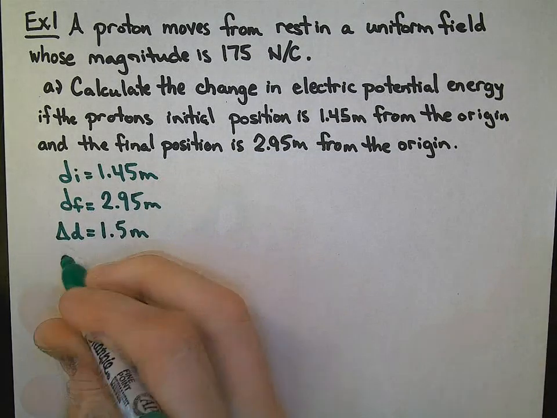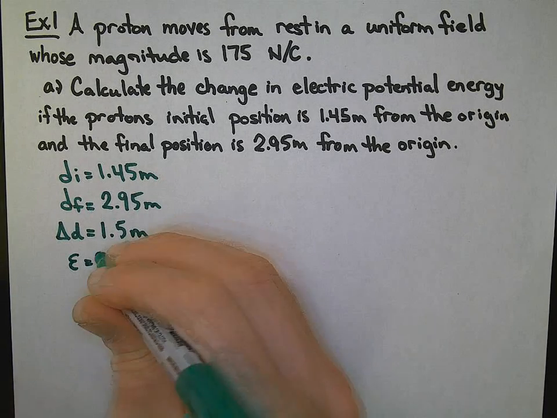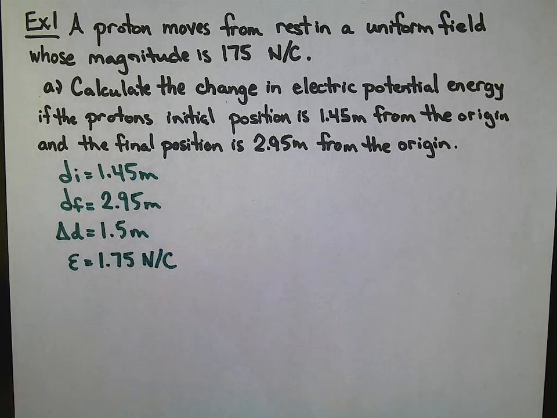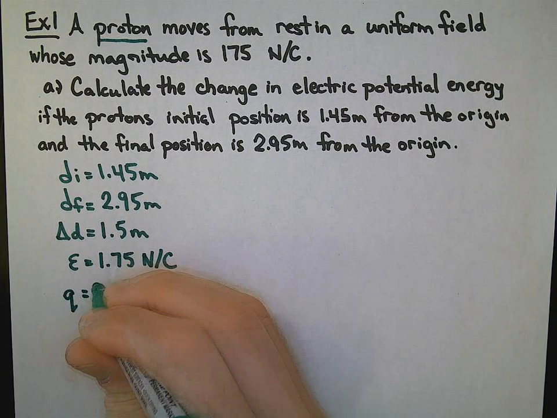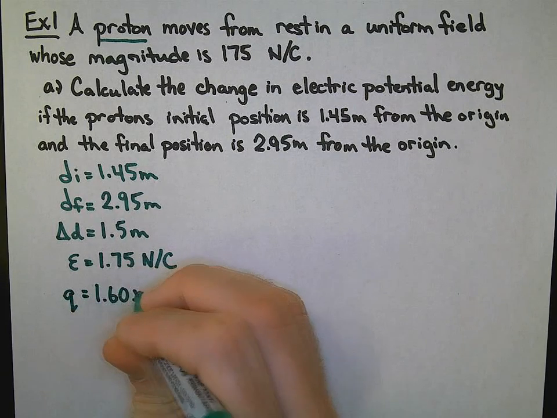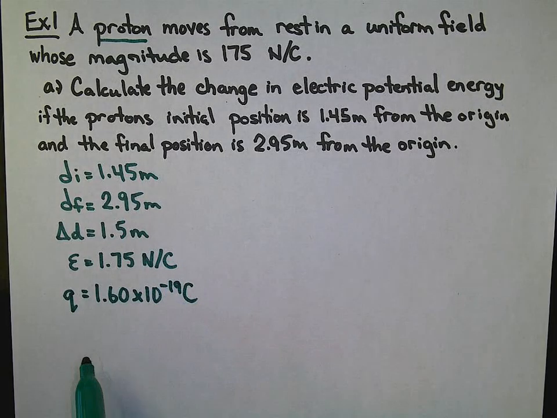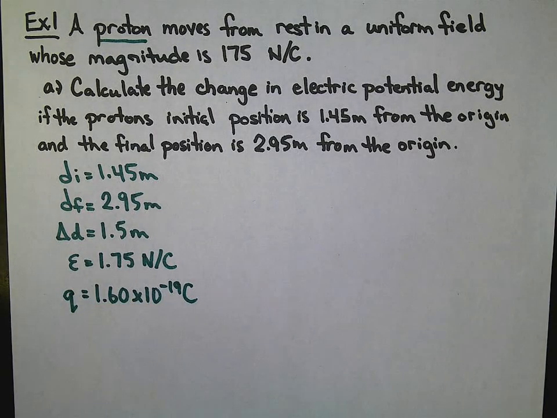We're given in this question as well the magnitude of the field being 1.75 newtons per coulomb, and we have a proton that's moving. The charge of a proton Q is 1.60 times 10 to the negative 19 coulombs, which we can easily look up if you need to, or just keep this memorized for future references.